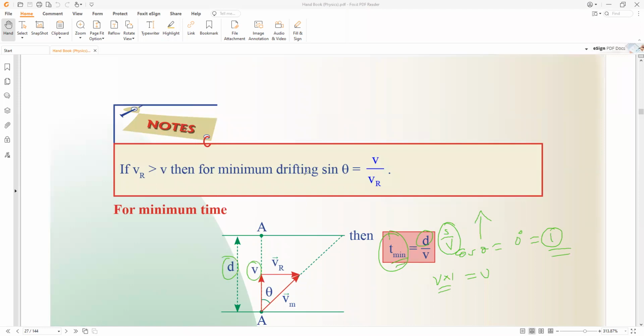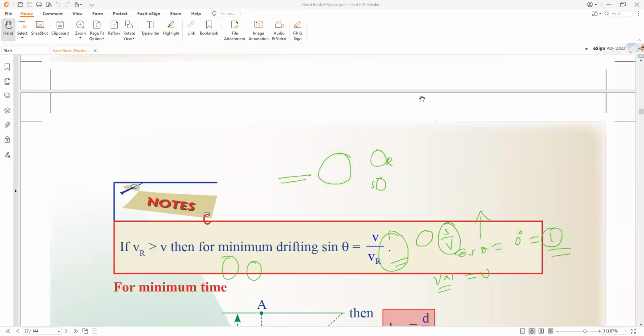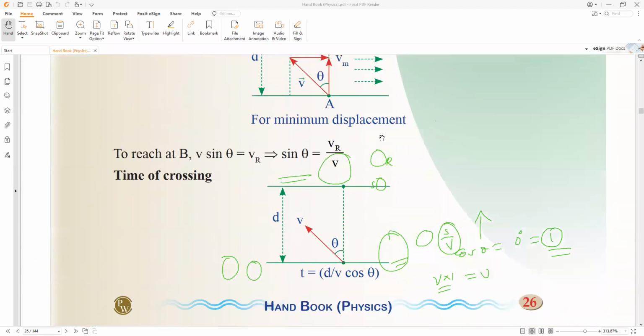Next. For minimum distance, sin theta is equal to what? Everybody. Velocity of river divided by velocity of the swimmer with respect to river. VR by VS. Okay. So that is what you have to remember. In this book, you can see they have mentioned everything very clearly.